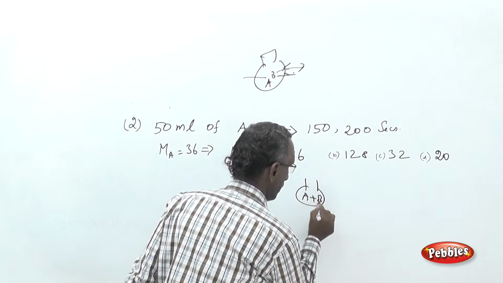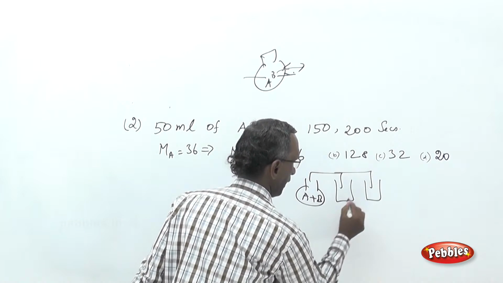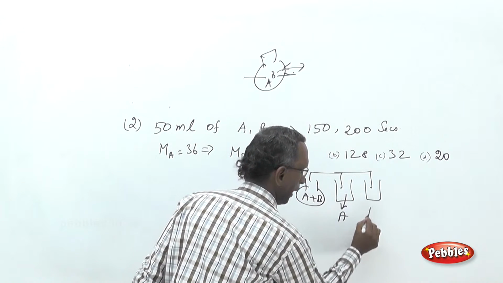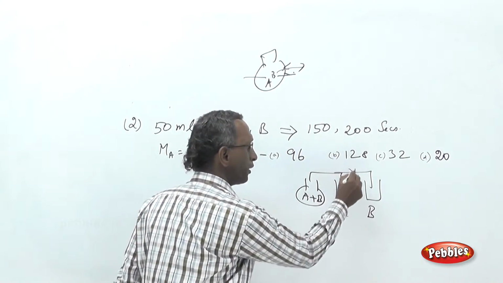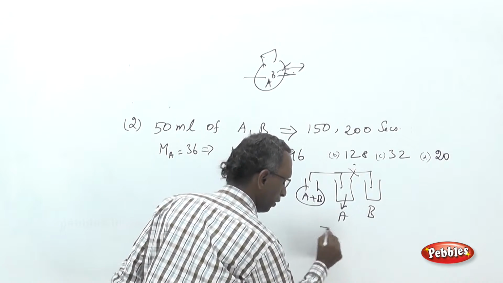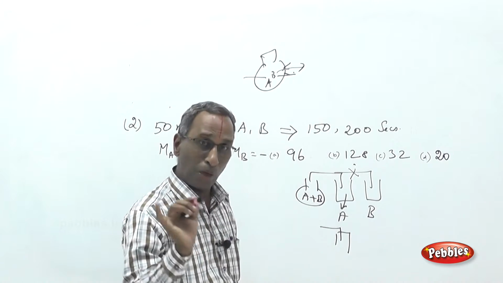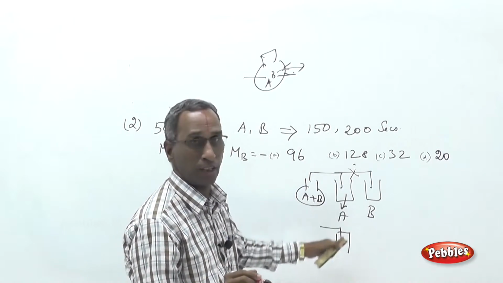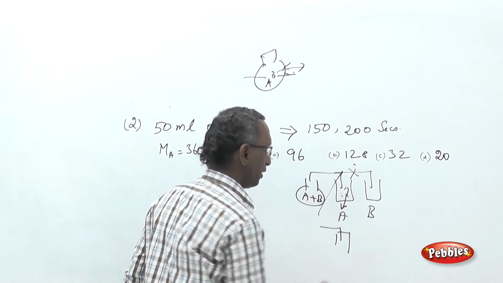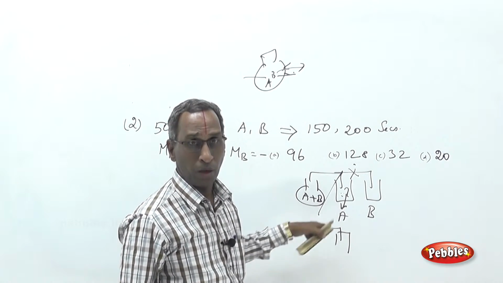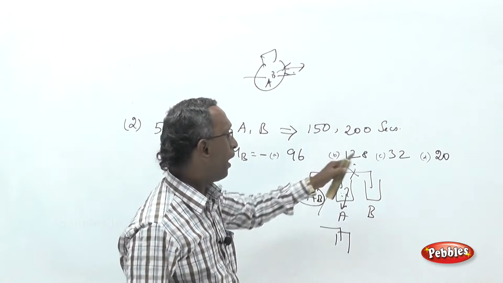A and B are collected in different containers. One container collects A, the other collects B. You should not mistake this: they are not kept at different distances, they are allowed to go through only one path. It is like a parallel connection. So we note at what time A is collected and at what time B is collected.